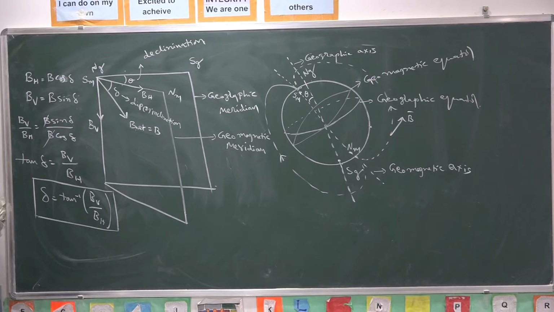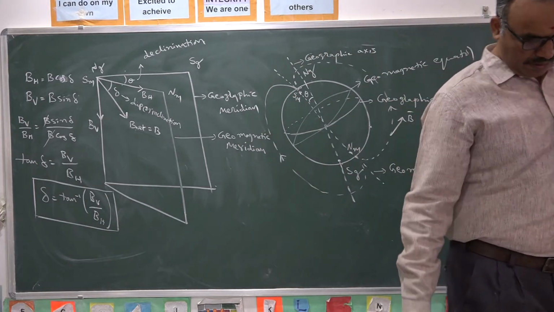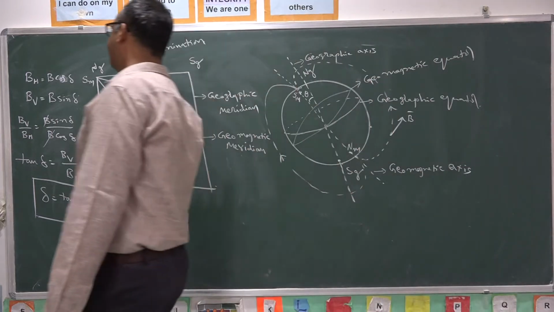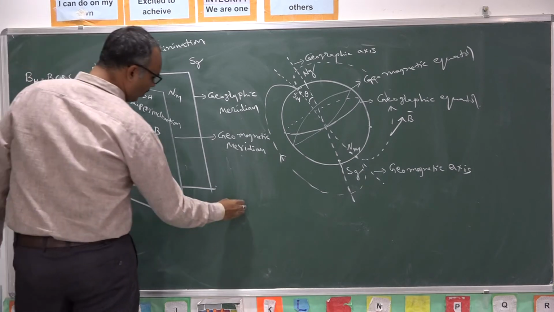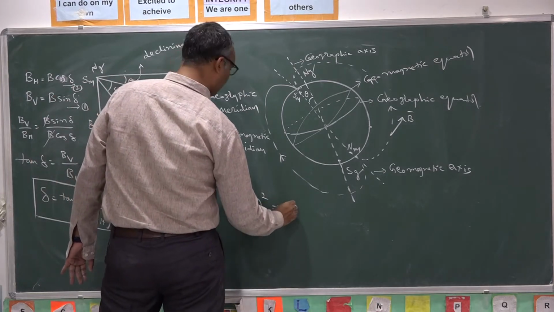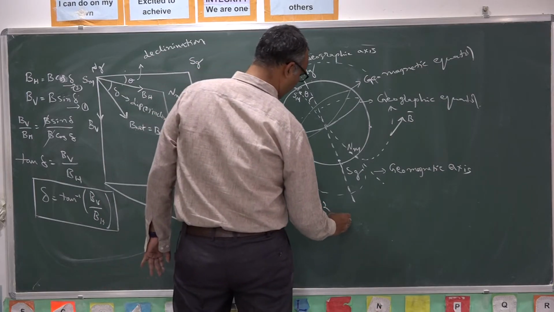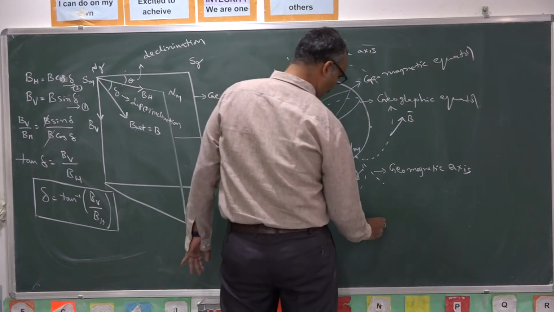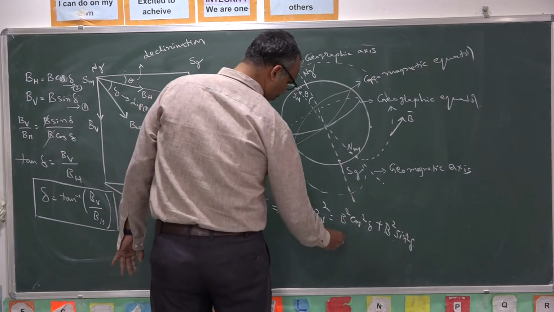And also we know that if you square and add these two equations, equation number 1, equation number 2, BH square plus BV square is equal to B square cos square delta plus B square sin square delta, nothing but B square.